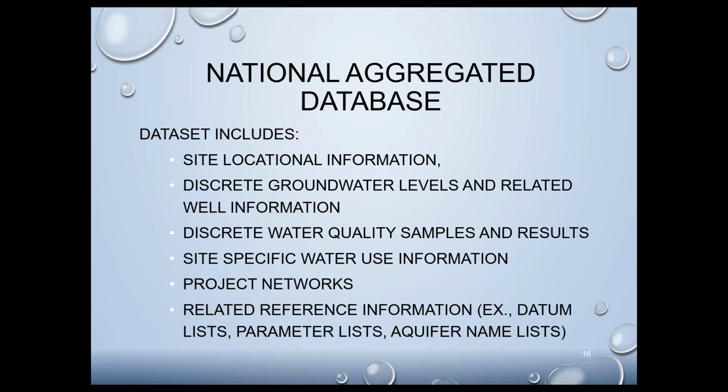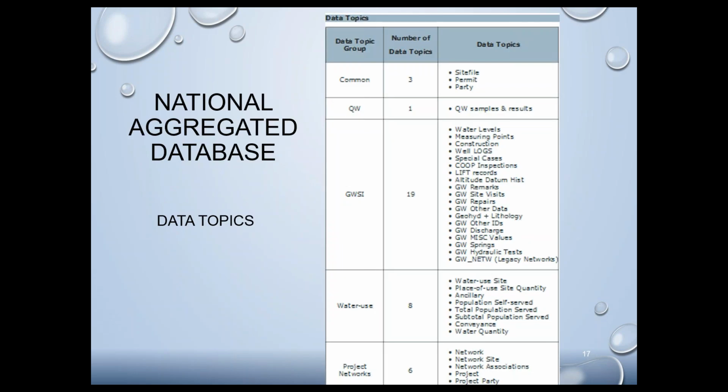Again, project networks, I mentioned that you can assign a network to your well so that you can keep projects' wells together if you want to retrieve that data, and also related reference lists and information that are common to all of those sites. These are the topics. We call them topics, but these are the data tables that are shared onto the aggregated database.